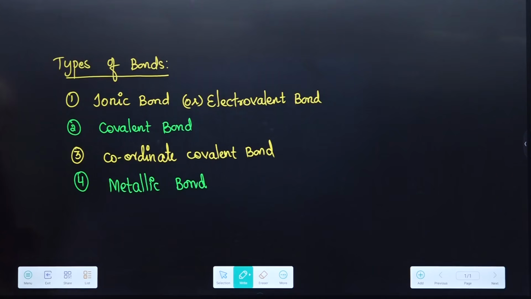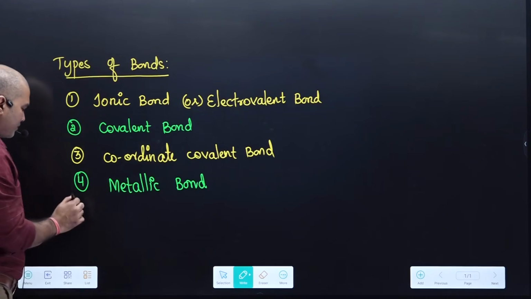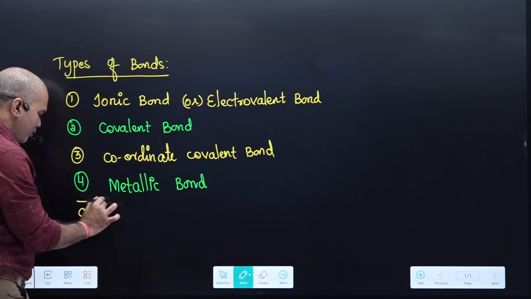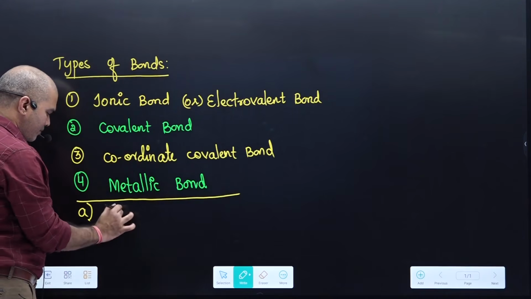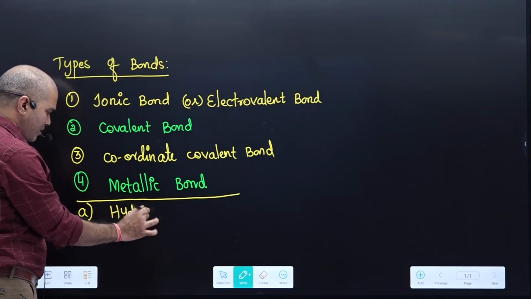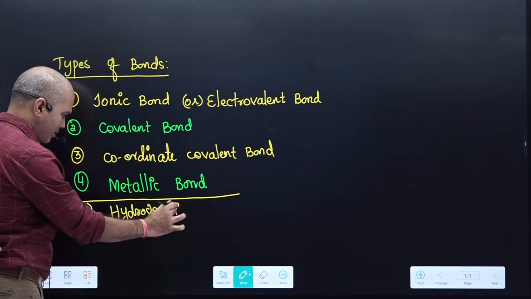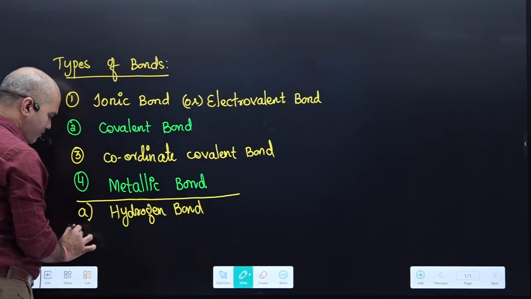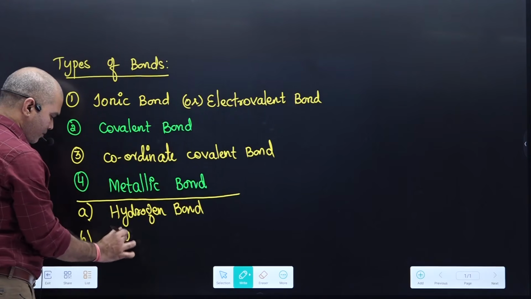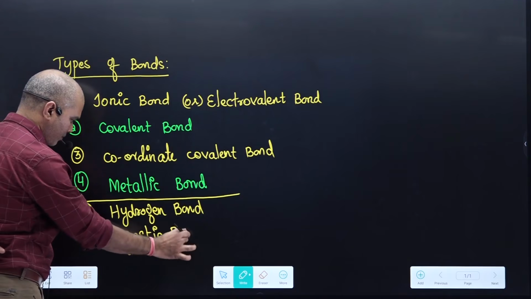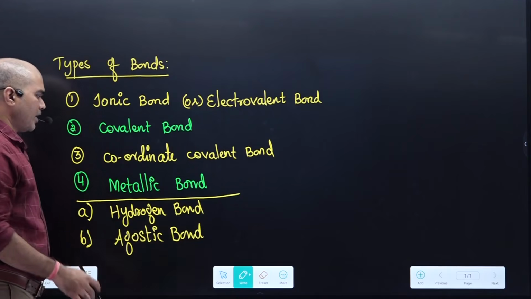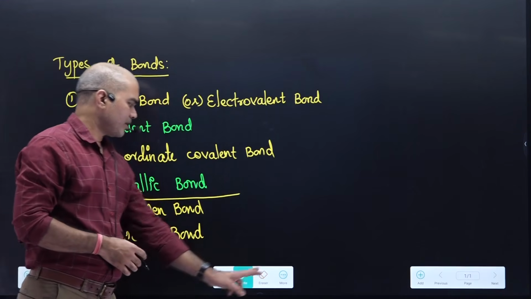These are the four important types of bonds: ionic bond, covalent bond, coordinate covalent bond, and metallic bond. Apart from this, we have other bonds like the hydrogen bond, which is like an option, and also the agostic bond.